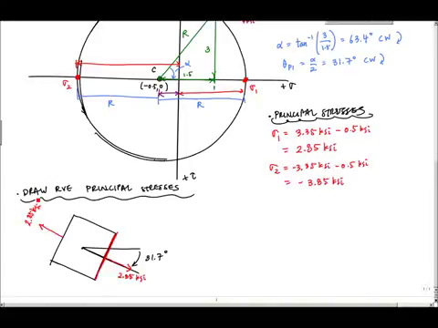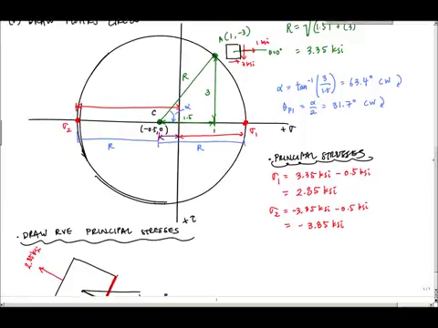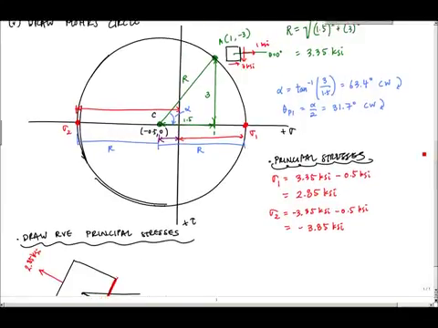Now, I have a bunch of choices. I could rotate to get to the minor principal stress. I could rotate this direction right here. I call this beta. I know that beta is just 180 minus alpha.